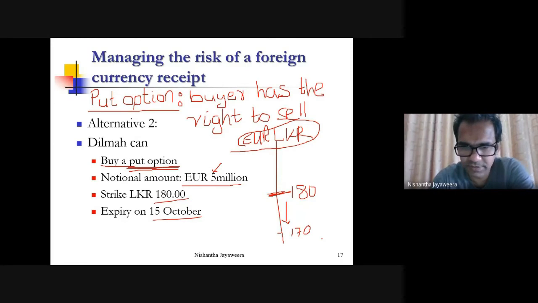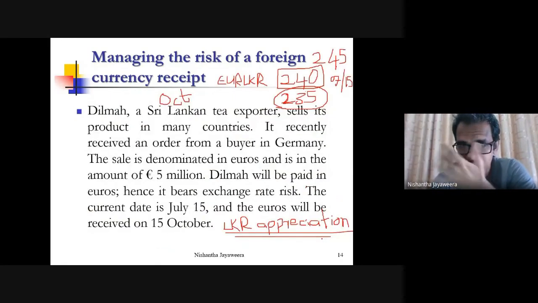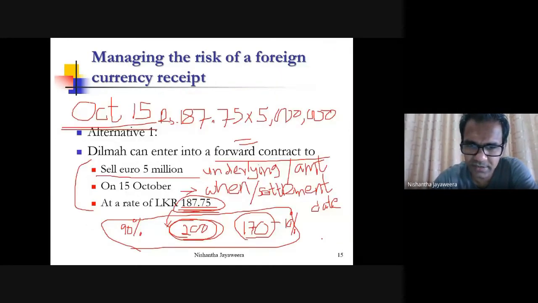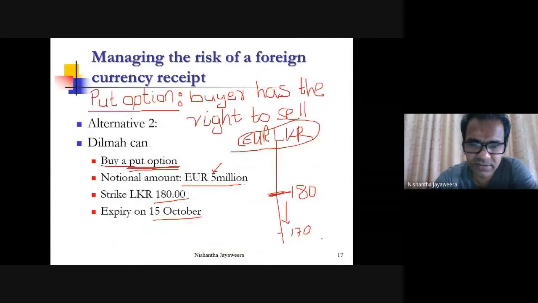So here what we discuss, different scenarios, is to identify what is the risk and use the known products in mitigating or hedging those risks.